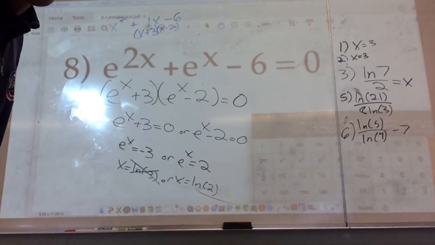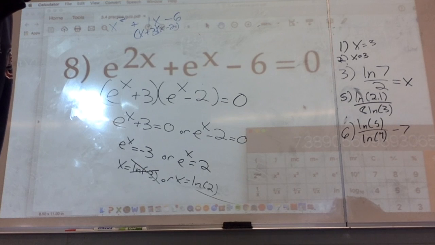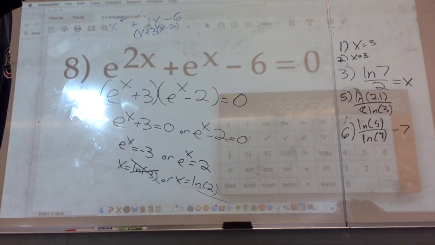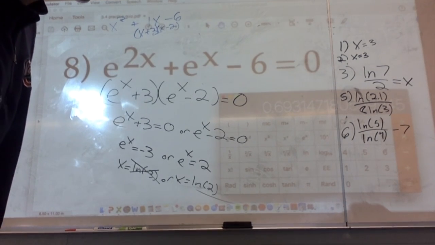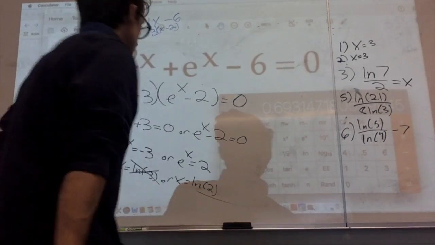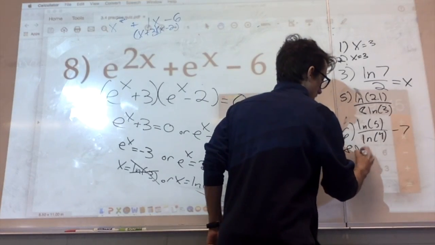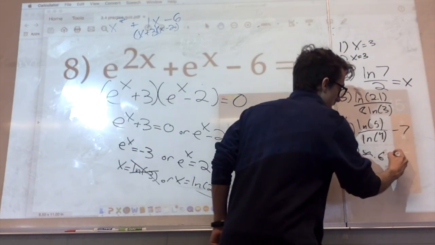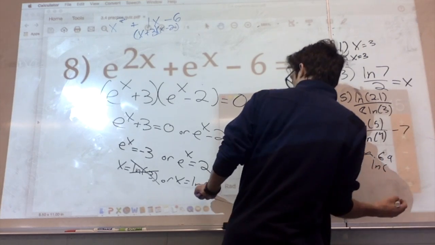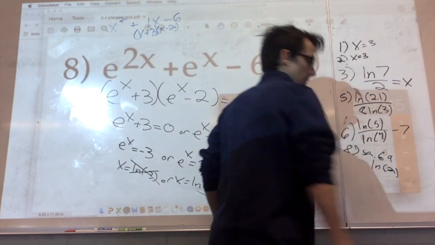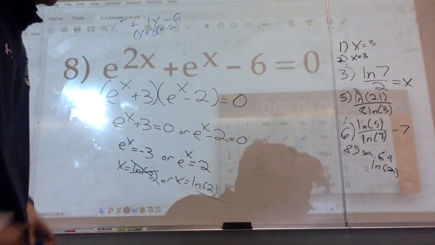But if we were going for the natural log of 2, let's see exactly what that is. You would hit 2, hit natural log. It's approximately 0.69, or just leave the natural log of 2. So that's good.